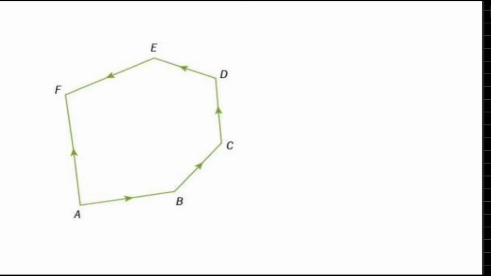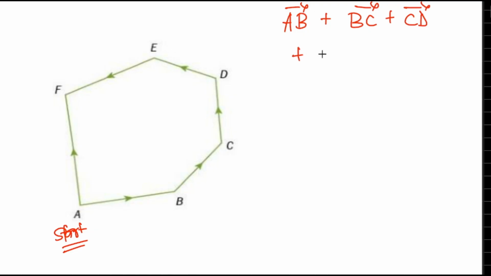When we talk about subtraction of vectors, we're still talking about addition. If you see this vector, the starting point is A. If we add these vectors, going in the direction, we have AB plus BC plus CD plus DE plus EF, and everything will equal AF.